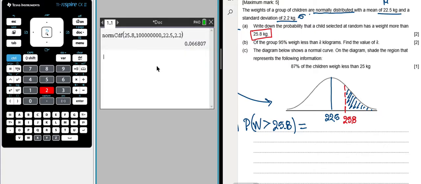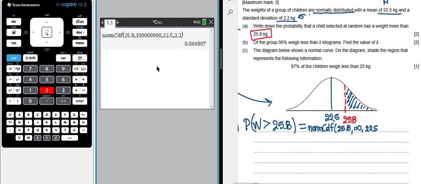And then once I press tab, I should get the answer, which is 0.066807. What is a good practice is to first write down what you typed on the calculator, or even better, if you write the command term that you can see on your screen, CDF, and that would be 25.8, comma, then the upper boundary, use infinity, then 22.5, and then excuse me, I forgot something.